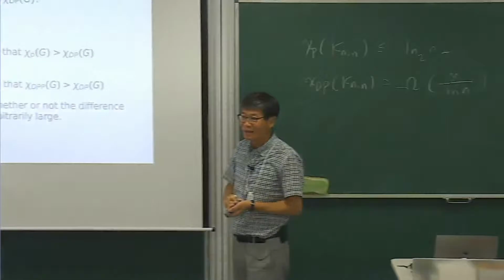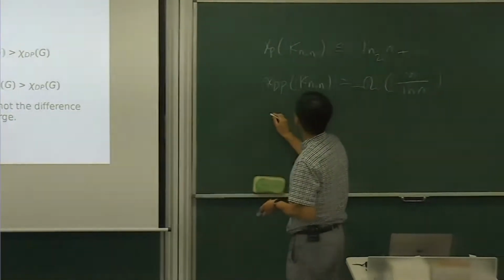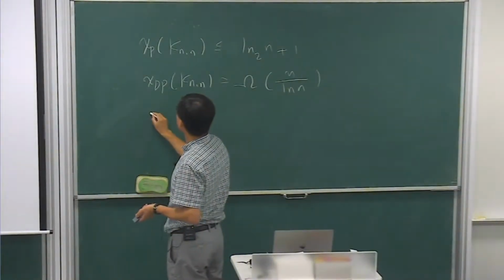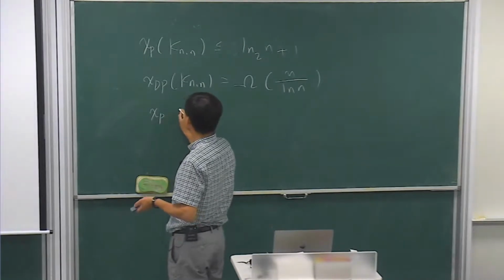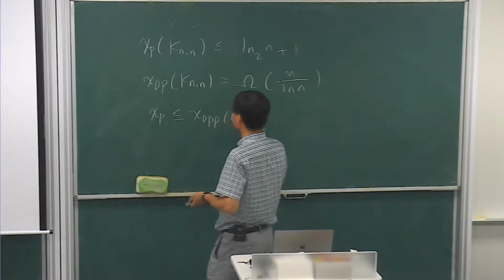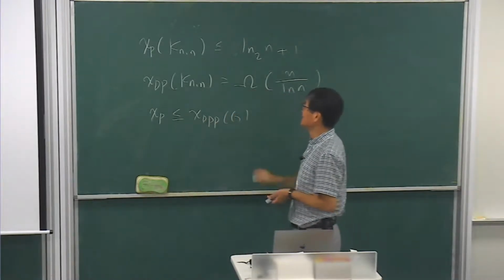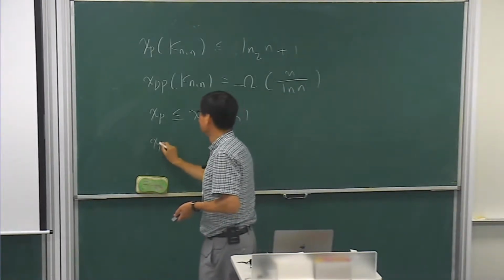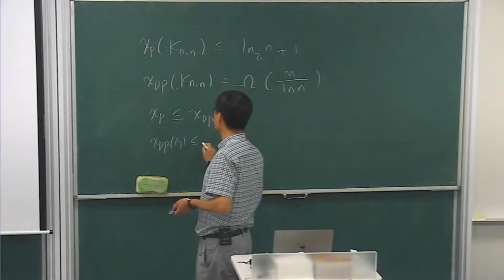Yeah, that's P and DP. Now I want DPP. You know this, right? But is this a real gap? I want to know.